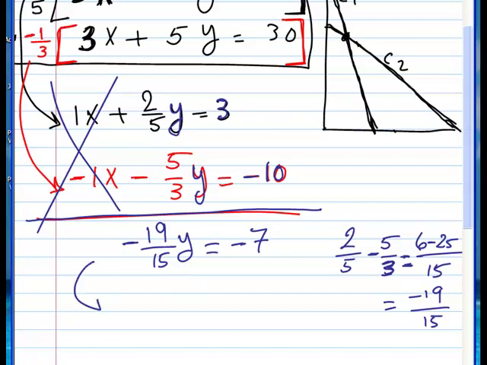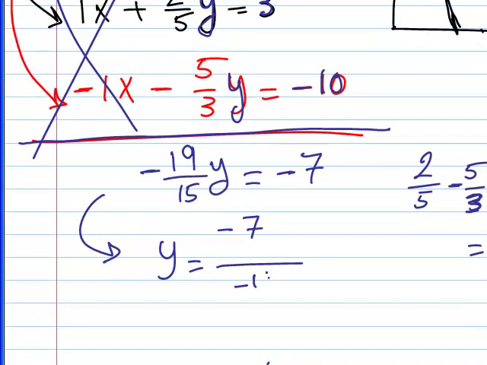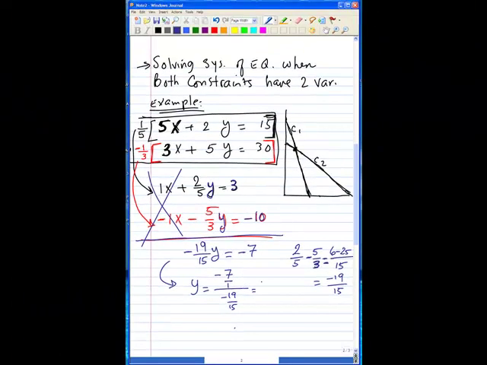So y becomes -7 divided by -19 over 15. Now, to solve for this, we can write this if I put a little denominator here of 1, because -7 is effectively equal to -7 divided by 1. Any number divided by 1 is itself.